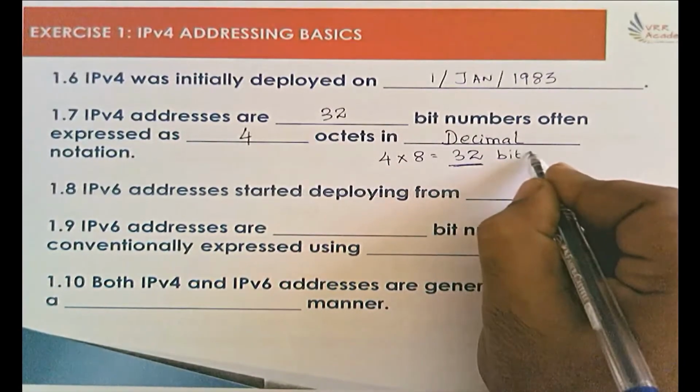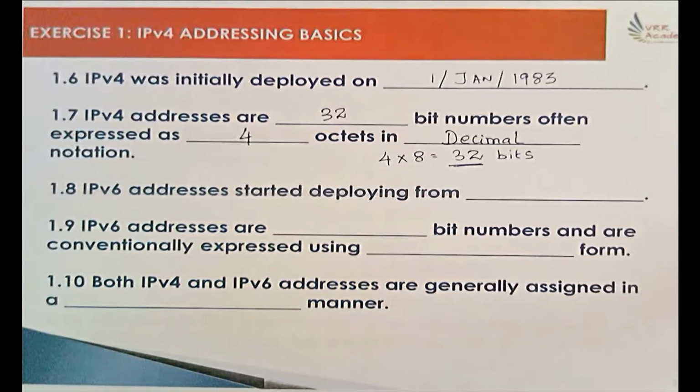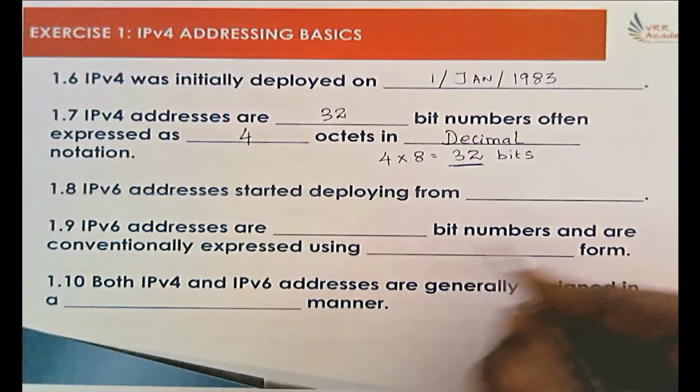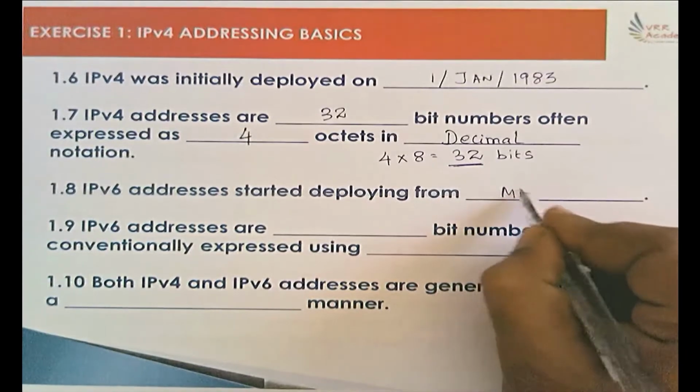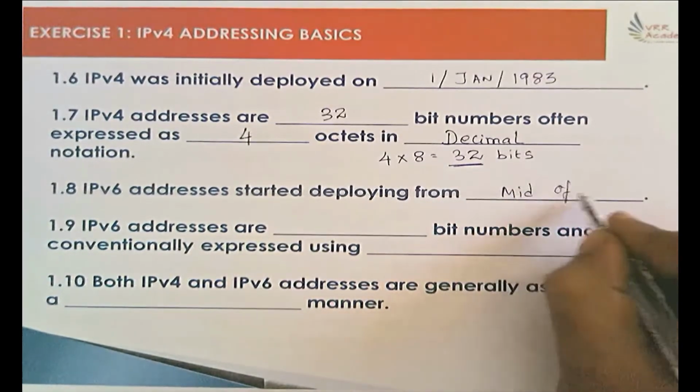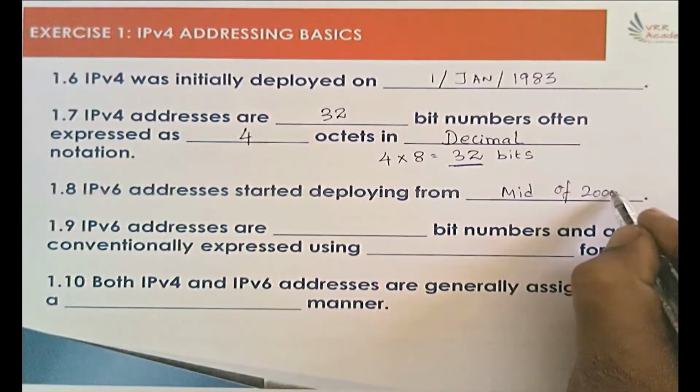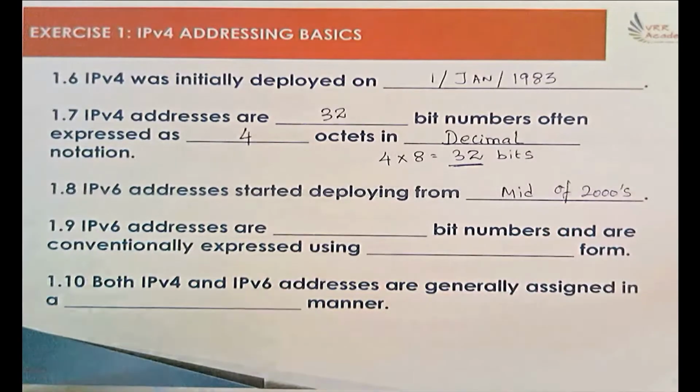Then the 8th question is: IPv6 addresses started deploying from. IPv6 started deploying in the mid 2000s.